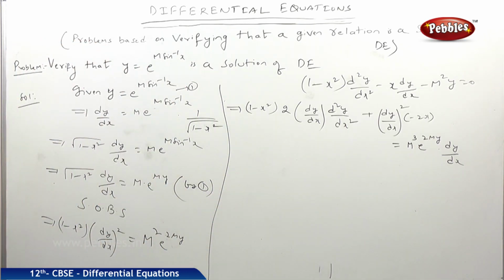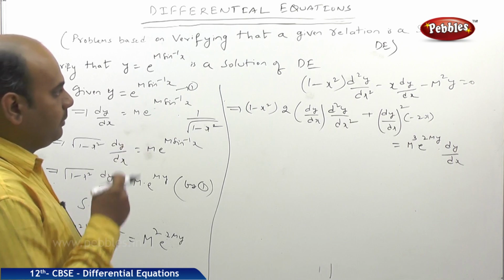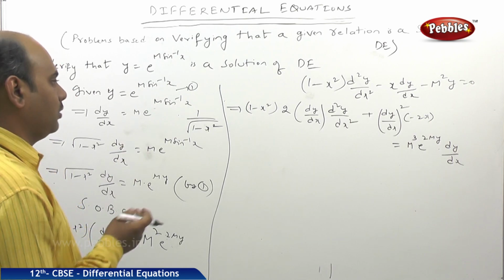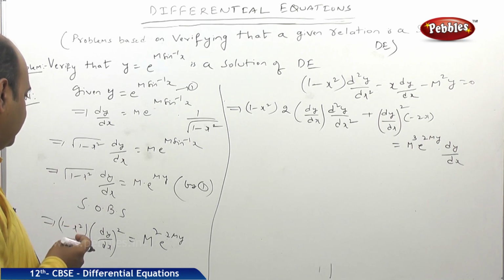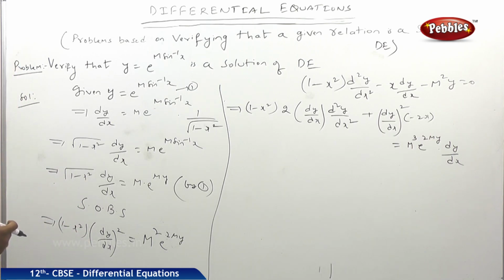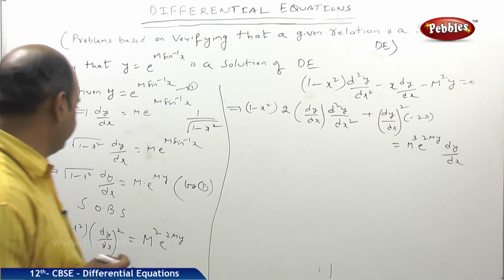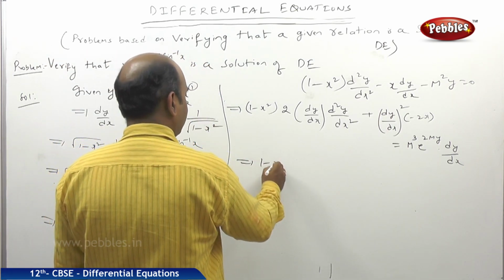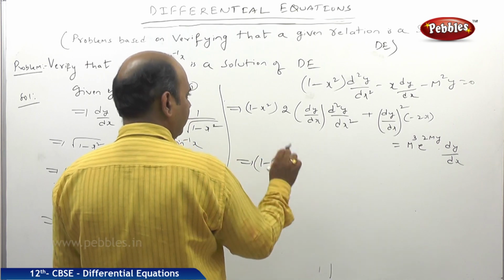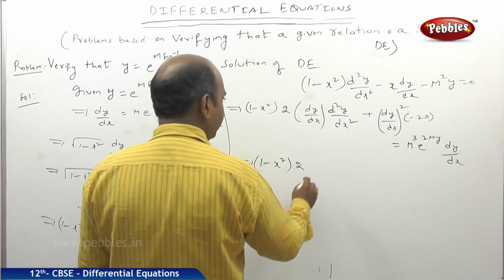If you observe carefully, dy by dx will be common. So if dy by dx is common, all these terms will get cancelled, right? So that implies 1 minus x square, the dy by dx cancels, so here 2 will be there.